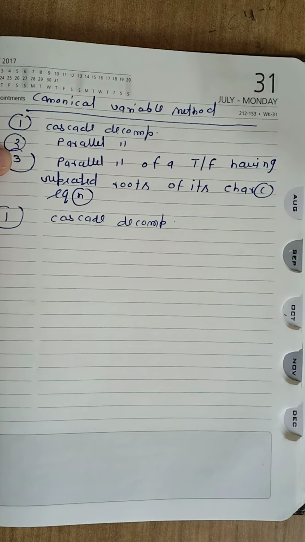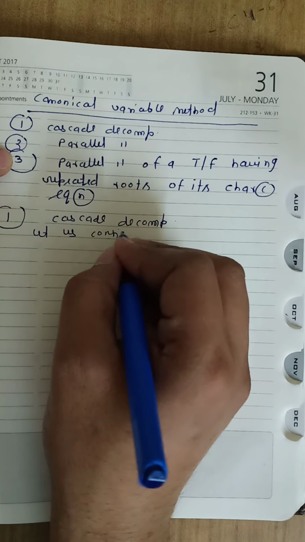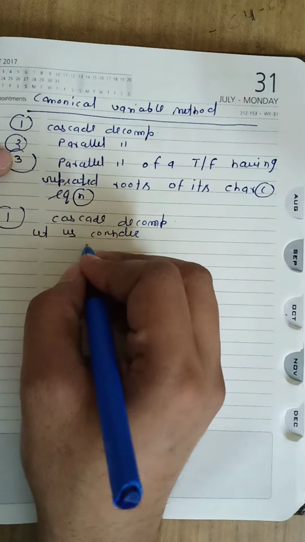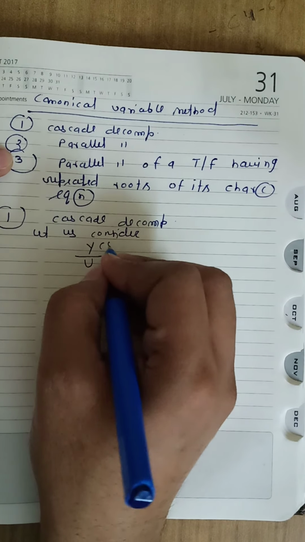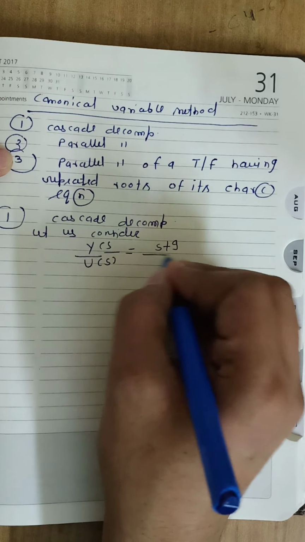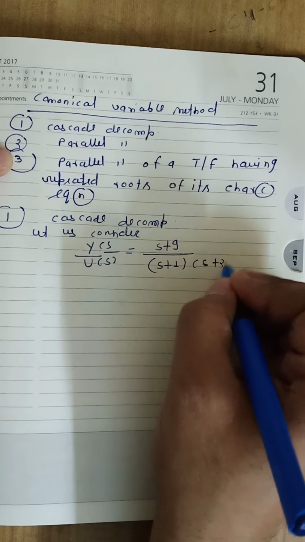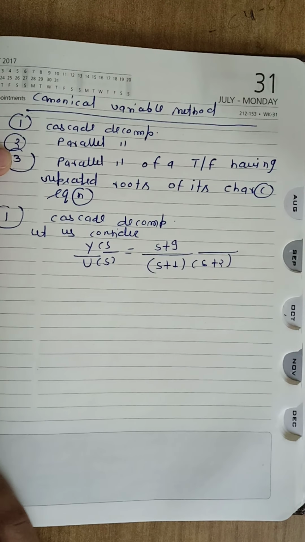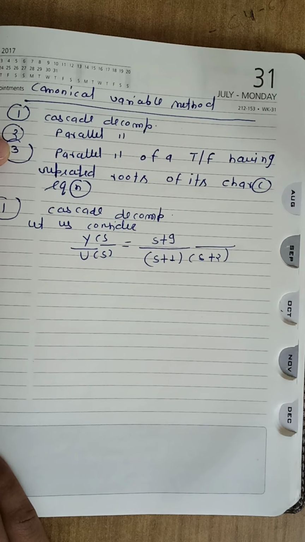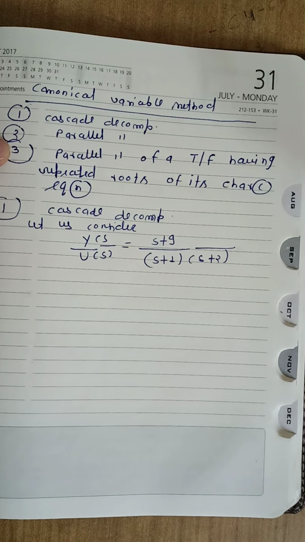Let us consider a transfer function Y over U equal to S plus 9 over S plus 1 S plus 2. Already I have told you cascade decomposition is applied to transfer functions that are written as products of simple first order or second order components.